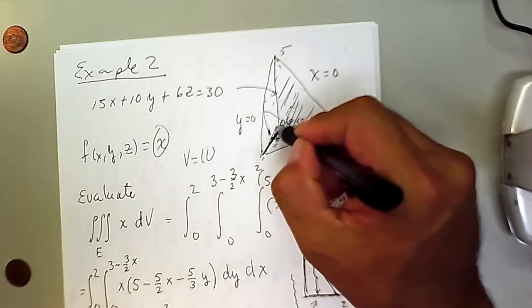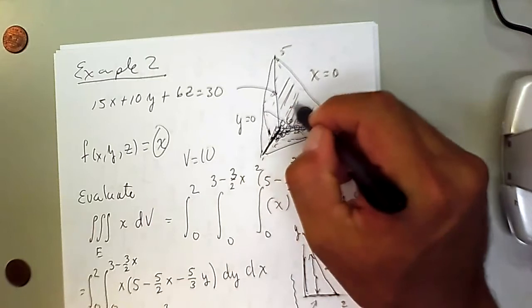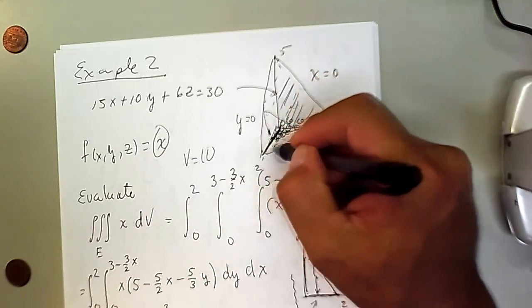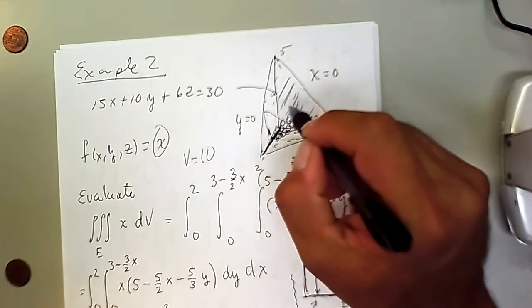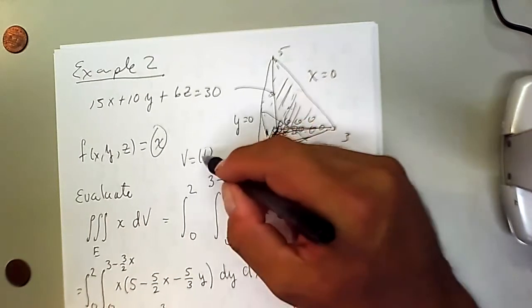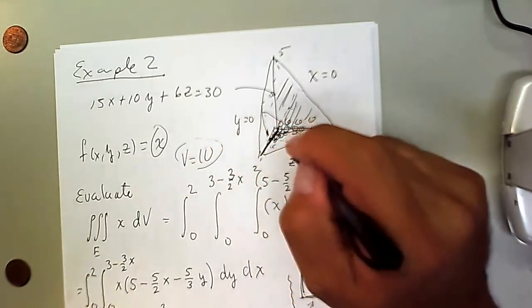Many, many of them are going to be a third and even smaller than that. And that's why we obtain in total a lot less than 1. And that's why we go from a volume of 10 to a triple integral of 2.5.